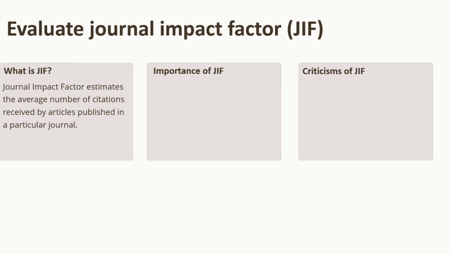Every journal wants good quality work so that its reputation increases. If that increases, then automatically its impact factor increases. So before selecting, we should check what the impact factor of the journal is.